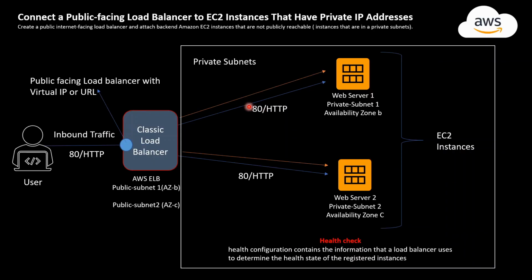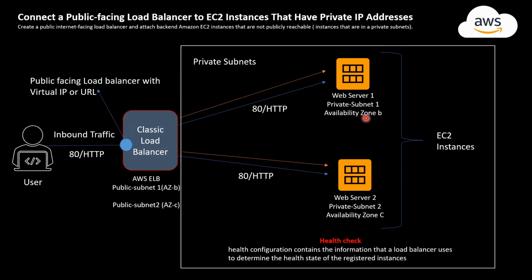So in this tutorial, I want to create a public internet facing load balancer, and this load balancer has two EC2 instances, and these are Apache web server 1 and 2, and they are attached to a private subnet, so they are not publicly reachable.